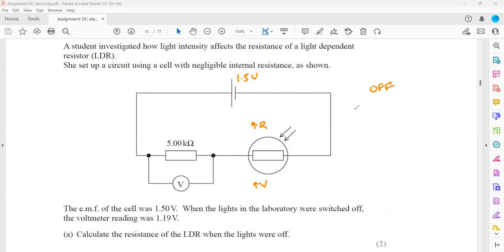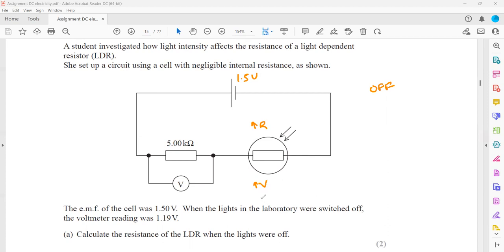The voltage across the LDR will increase when it gets dark. But the division of voltage between the fixed resistor and the LDR depends on their resistances. Even if it's dark and the resistance of the LDR increases, it might still be smaller than the resistance of the fixed resistor. So the voltage across the LDR will be smaller compared to the fixed resistor.